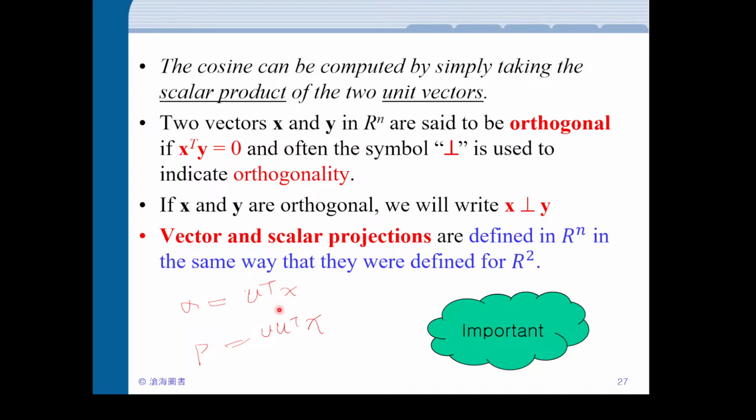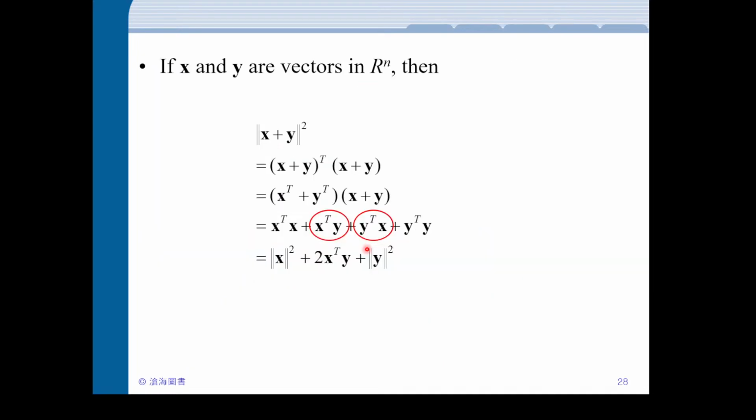Now U and X can all be n-dimensional vectors, and so you can calculate the scalar and vector projection in Rn just in this form.